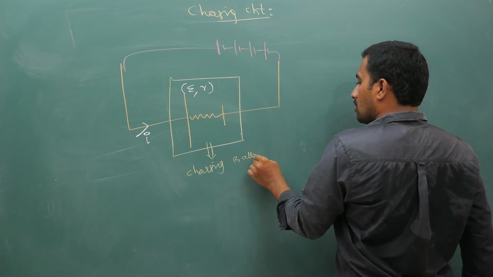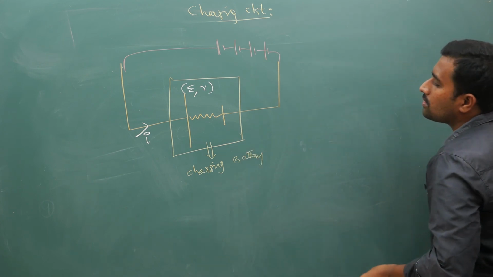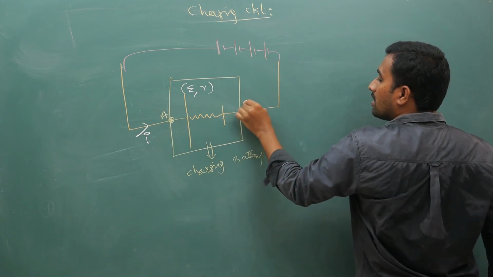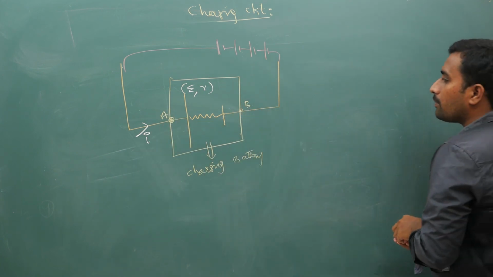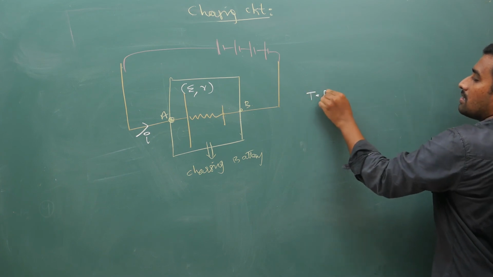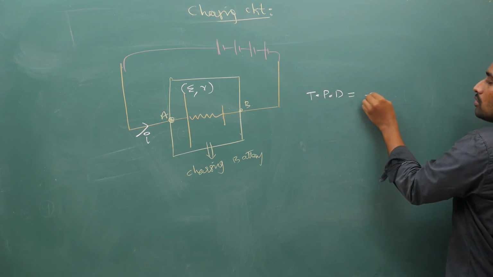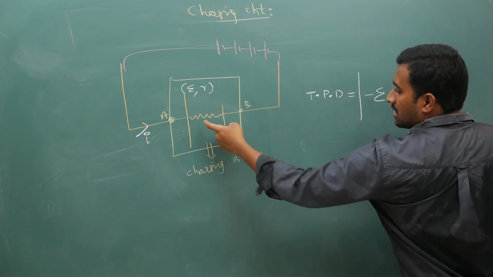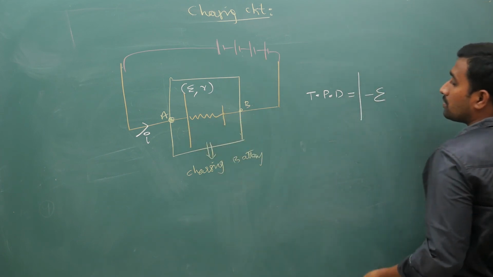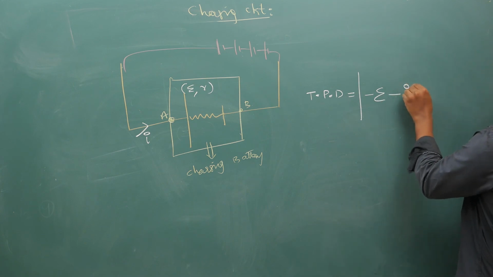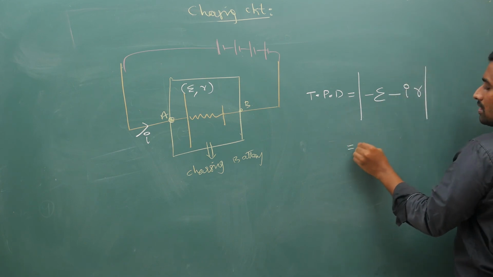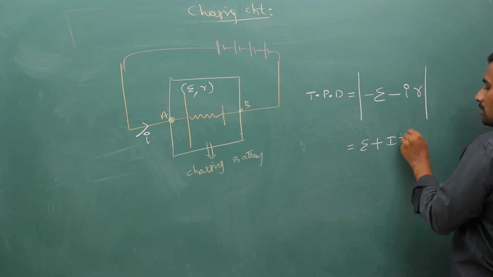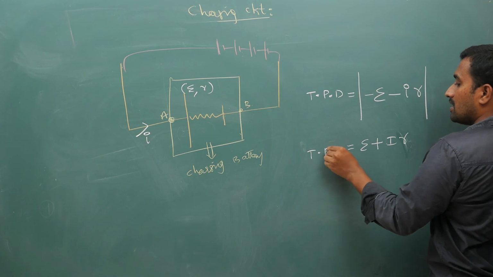Now, what does the terminal potential difference mean here? Let us say this is A and this is B. Your TPD is equal to mod of minus E, because you are going from positive to negative, minus I times small r, which will eventually give you E plus Ir as your terminal potential difference.